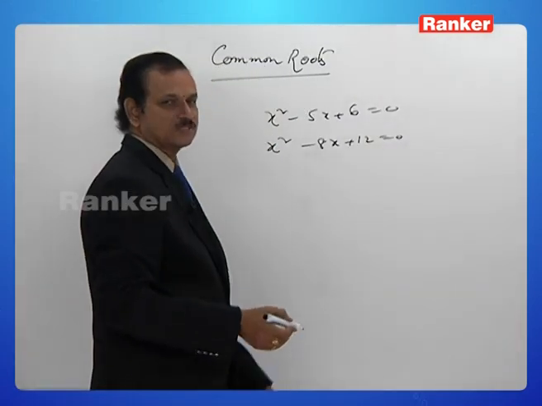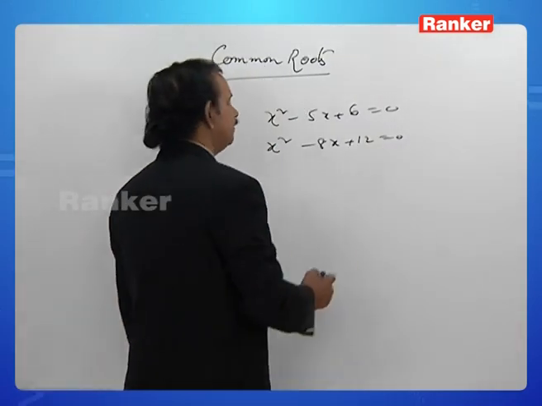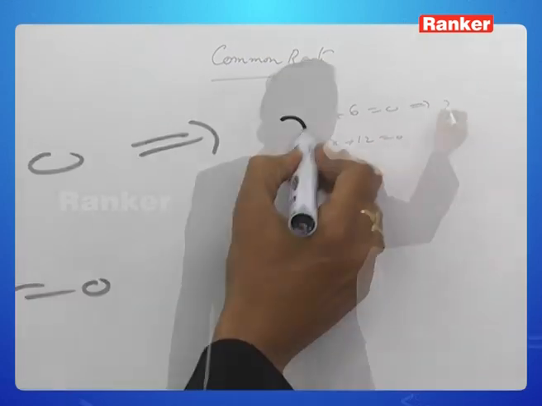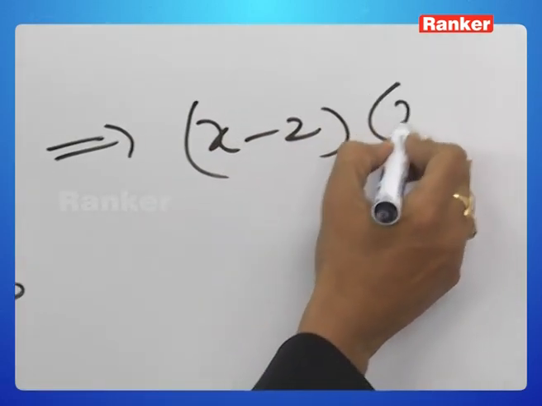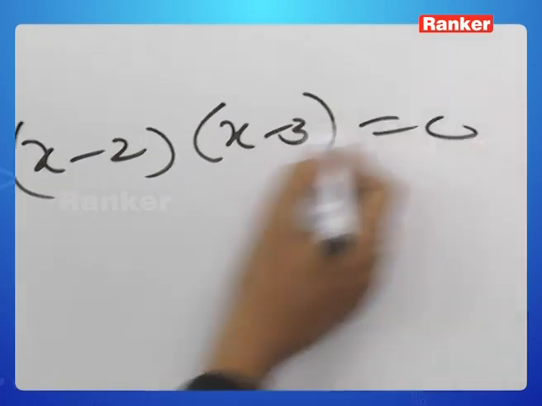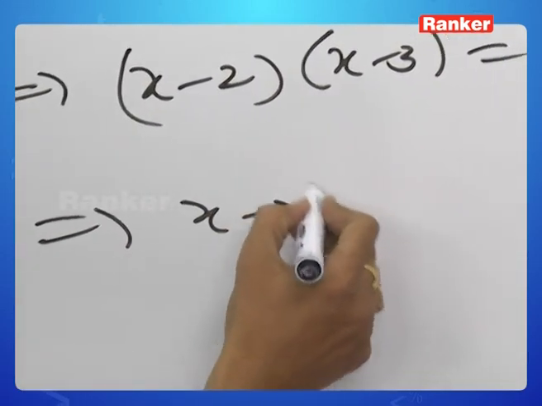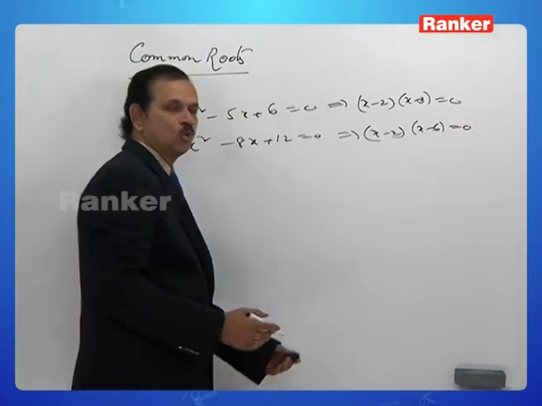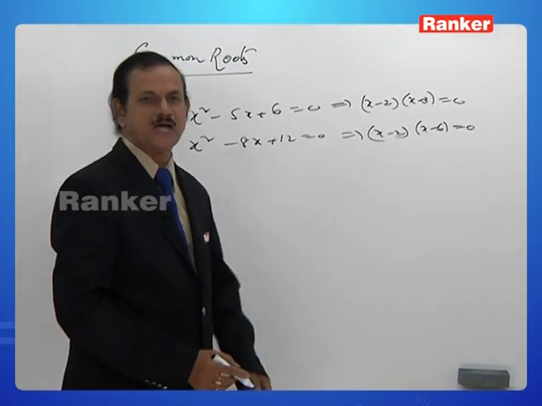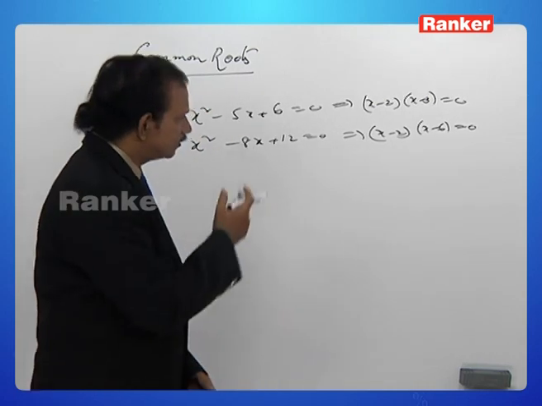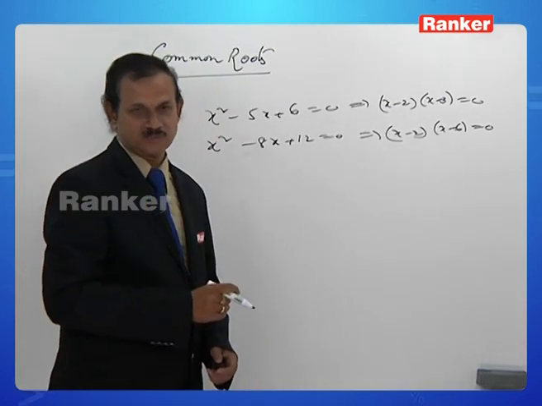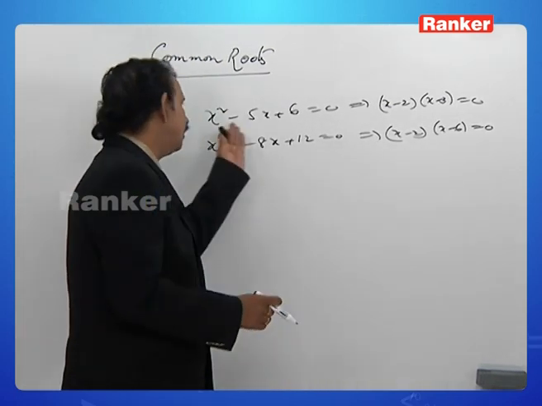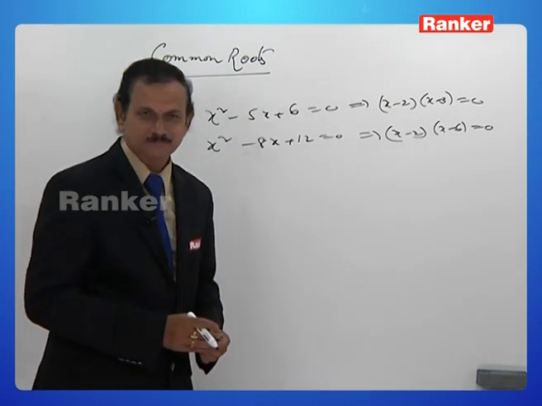By just factorization, you can say that x is equal to 2 is a common root: x minus 2 into x minus 3 is equal to 0 and x minus 2 into x minus 6 equal to 0. Thereby you can easily notice that x is equal to 2 is a common root of the two equations, because all the coefficients are known here.